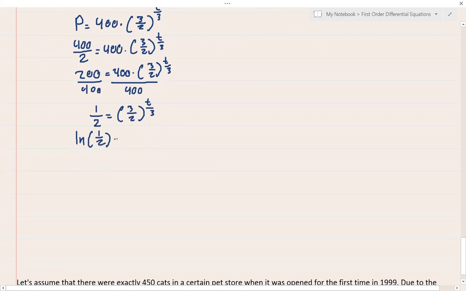So ln of 1 half is equal to ln of 3 halves raised to t thirds or t all over 3. So itong exponent na to, ibaba ko siya rito. So I will have ln of 1 half is equal to t all over 3 times ln of 3 halves.